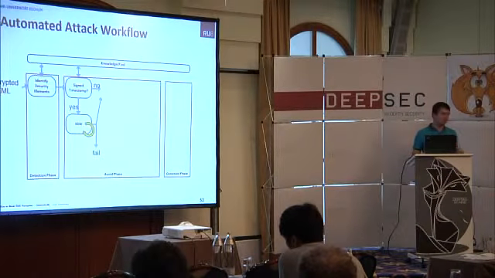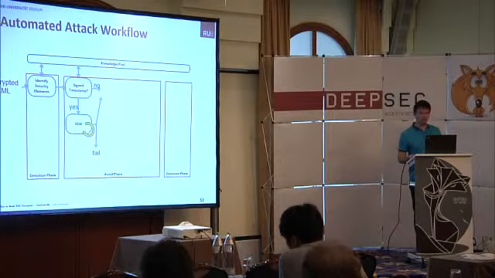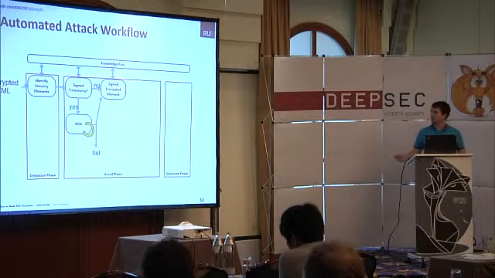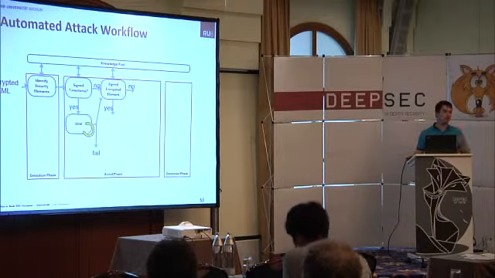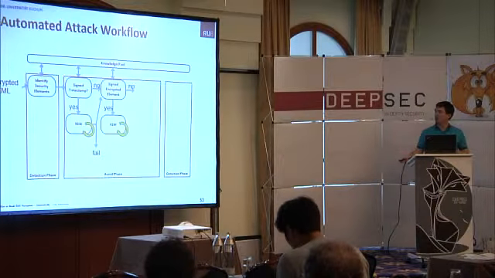Then if we can overcome the timestamp using XML signature wrapping, we can proceed to the signed encrypted element. If there is no signature of the encrypted element, we can proceed to the further step. If there is a signature of the encrypted element, we can again execute XML signature wrapping.